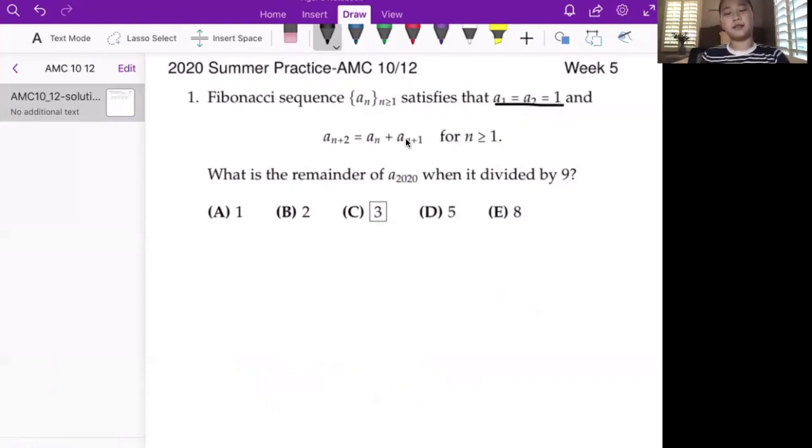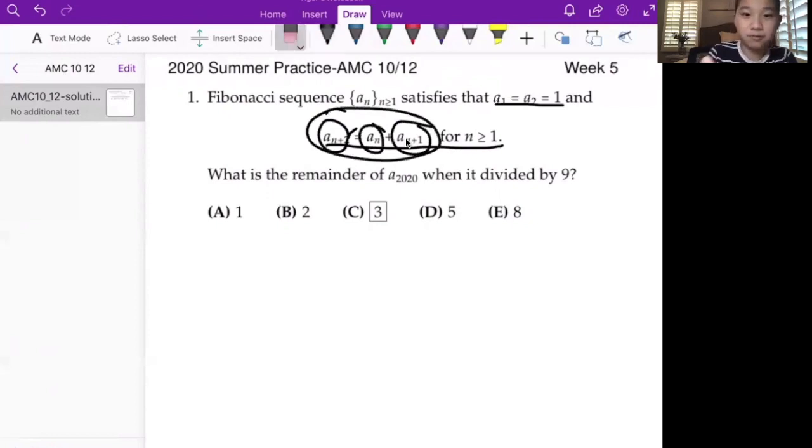And then there's the recursive definition. So it's right here. So what is this? Well, you can plug in any number for n, and then it tells you that this equation must be true. And you can use it to see what the next terms in the sequence are.